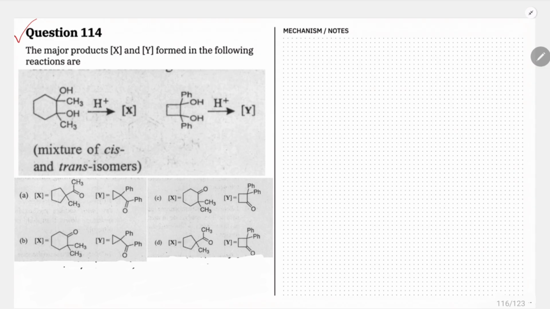question number 114, we have to find the major products. This is actually an example of pinacol rearrangement. So the whole thing depends upon the migration ability of different groups.